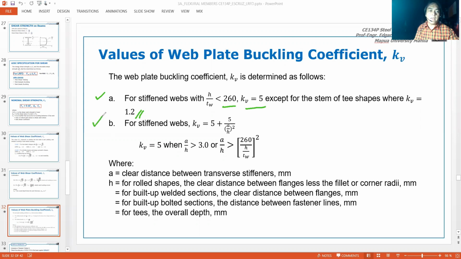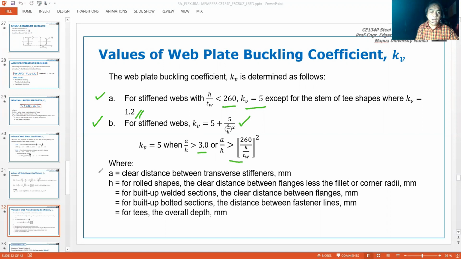Then for case B, for stiffened webs, Kv can be calculated using this formula: 5 plus 5 over (A over H) squared. While Kv would be equal to 5 kapag yung A over H mo is greater than 3.0 or greater than this value. So you just have to check with these limiting ratios, no? For us to be able to identify the value of the Kv.